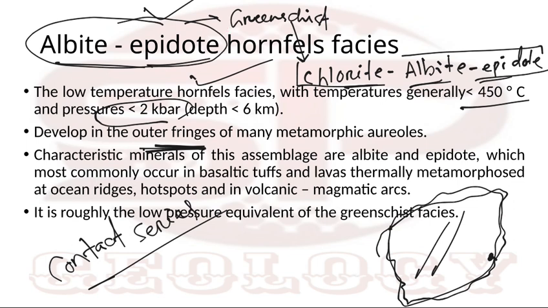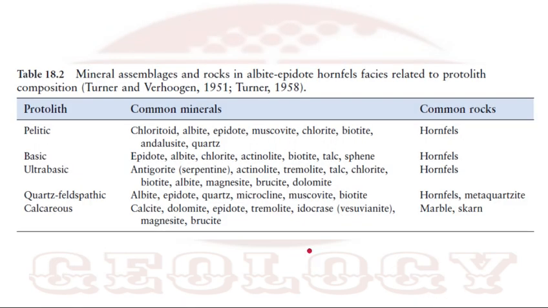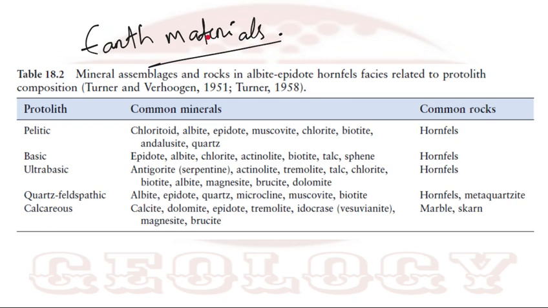Next, temperature increases and we go to the hornblende hornfels. There is a table here, collected from the Earth Materials book. Here you can see which type of mineral forms in this contact metamorphism series.